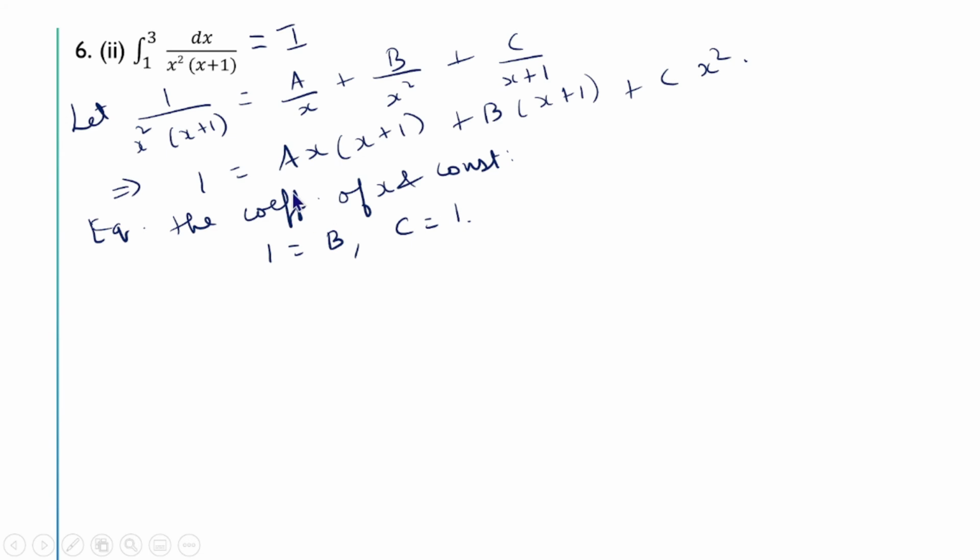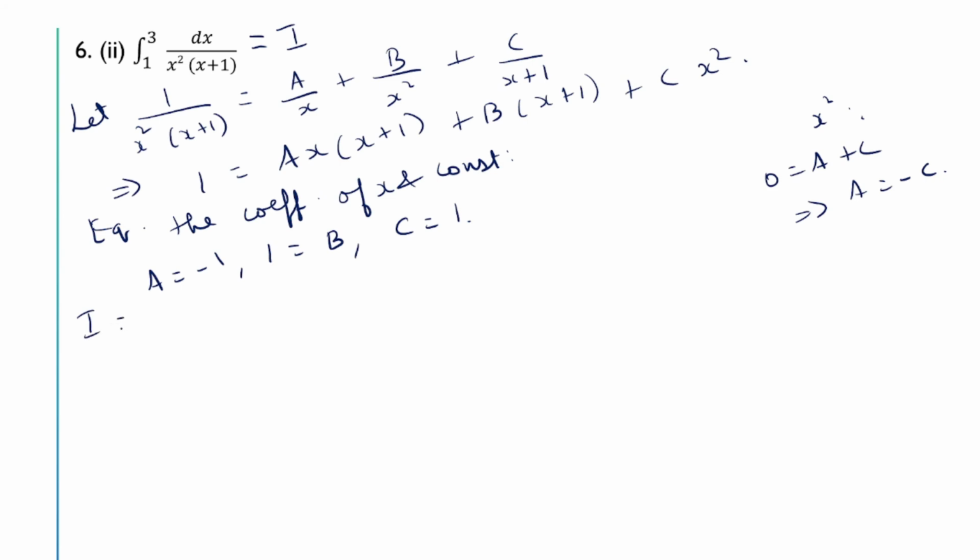Then when we equate the coefficient of x square on both sides, in the right hand side the coefficient of x square is a plus c, and in the left hand side it is 0. So from this we get a plus c is equal to 0, or a is equal to minus c. So from this we can see that a is equal to minus 1.